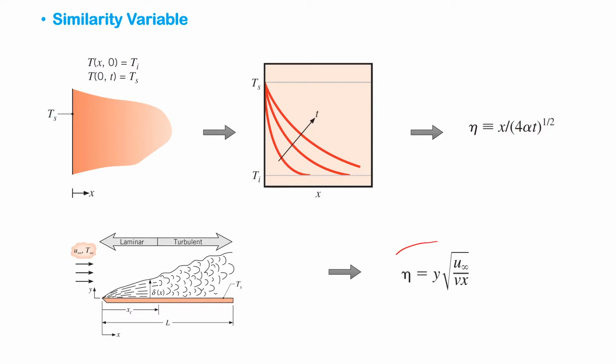The similarity variable here is slightly different from what we talked about in terms of the form, but the only difference is basically the constants. The variable y over square root of x is similar to x over square root of t. So the form factor of the equations is the same.